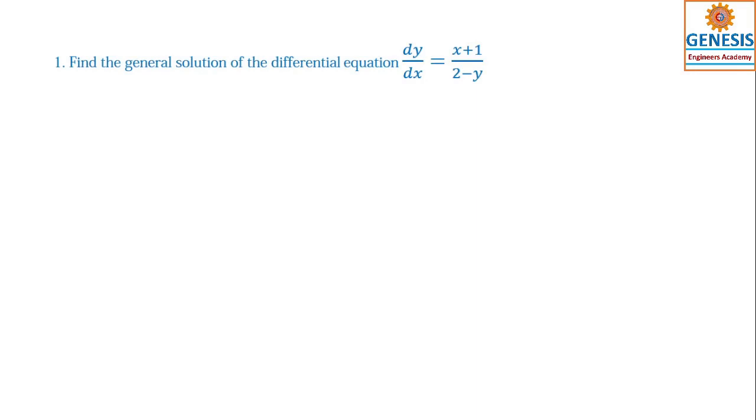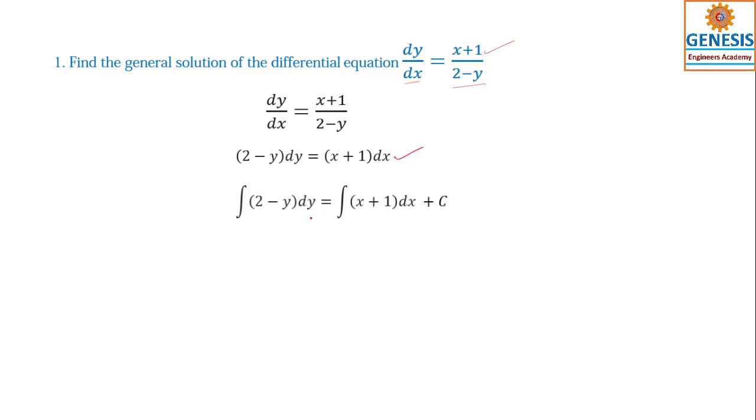So we solve some simple examples. Find the general solution of the differential equation dy by dx is equal to (x plus 1) by (2 minus y). Here x plus 1 is related to dx and 2 minus y is related to dy. If we rearrange them, we get (2 minus y) dy equals (x plus 1) dx. Next, integrate them.